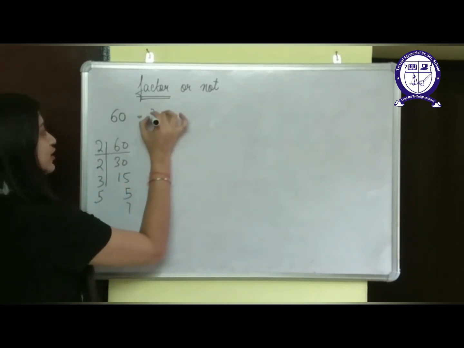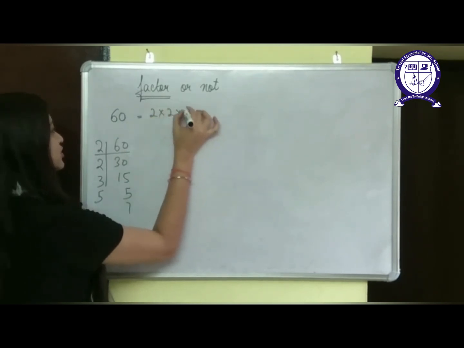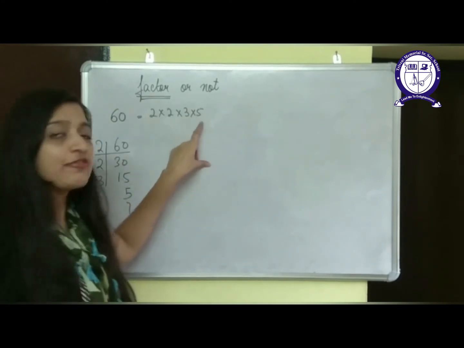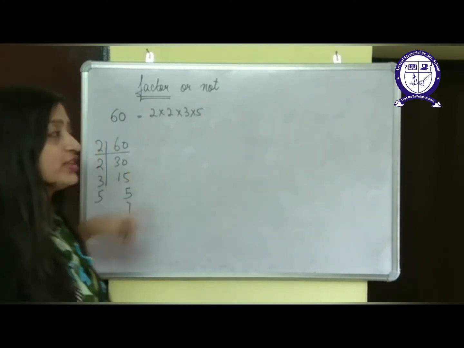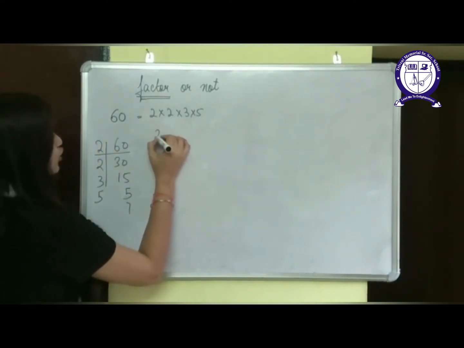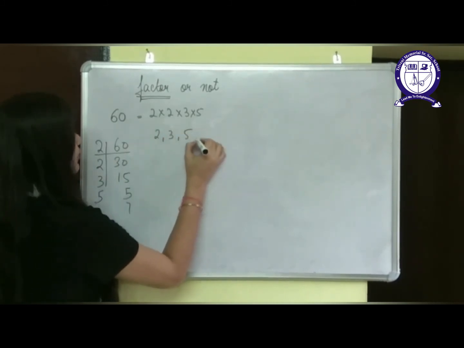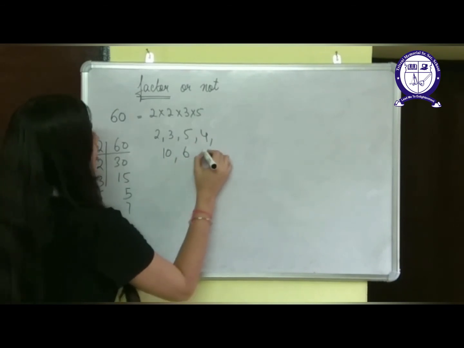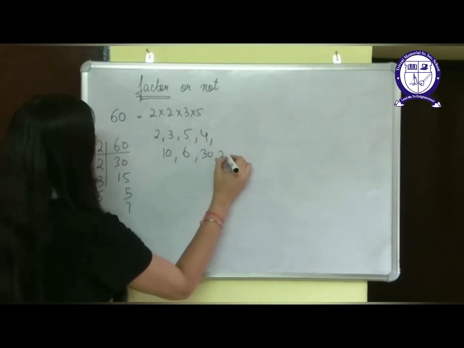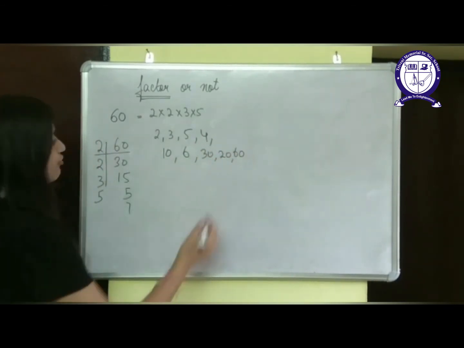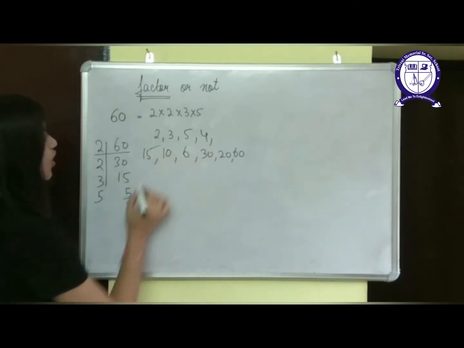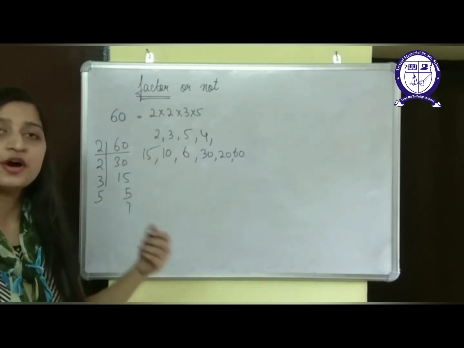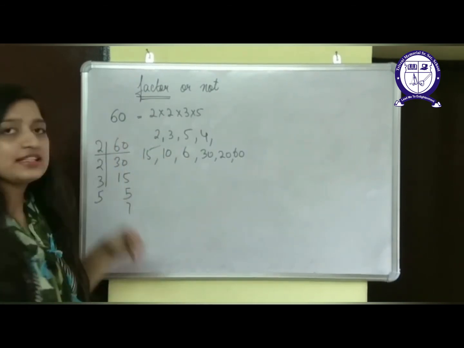So 60 is 2 into 2 into 3 into 5. So these 2, 3, 5 are factors of 60. Also I can say 4 or 10 or 6 or 30, 20, 15. These are all factors of 60 because all these numbers perfectly divide 60.